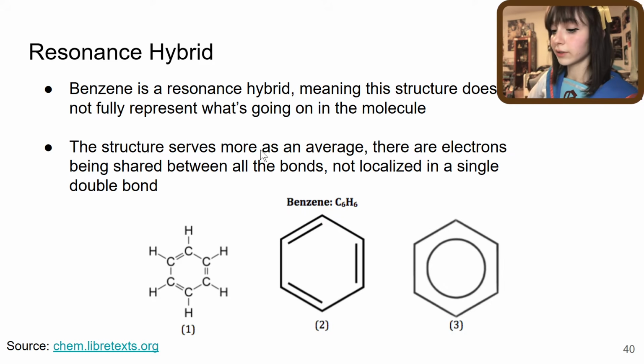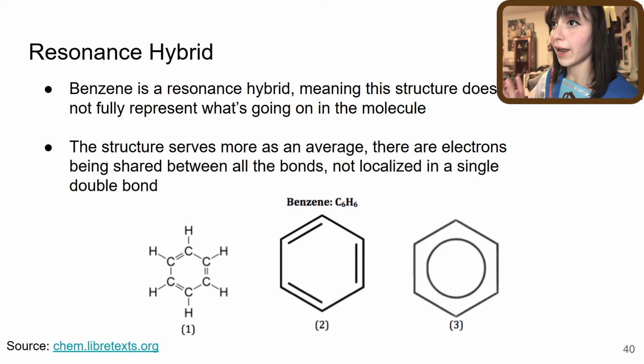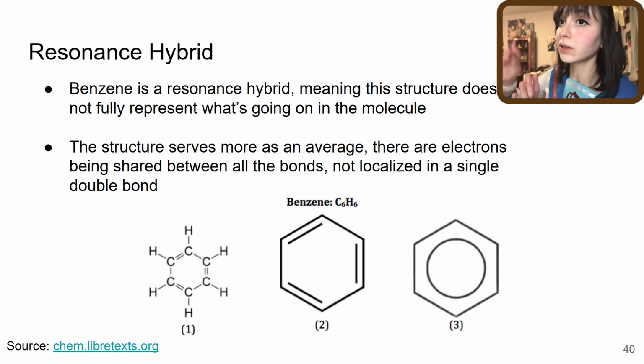So this serves more as an average of the bonds shared between the carbon atoms. But in reality, what you actually have is a delocalization of these electrons that are being shared, and they're actually not localized.